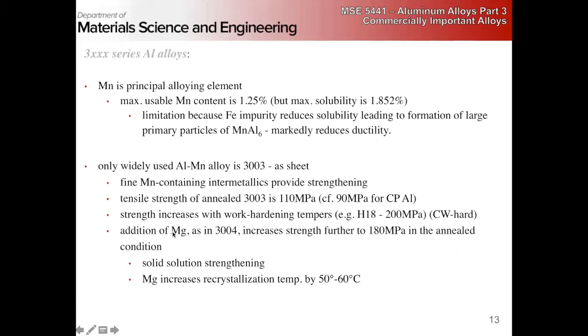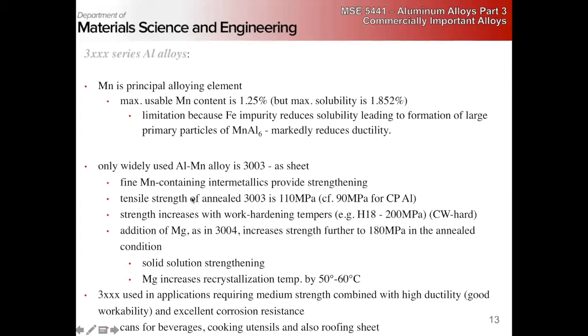If we add a little magnesium to give us, say, 3004, we increase the strength in the annealed condition, and it increases the recrystallization temperature a little bit. Right, so 3000 series alloys are used in applications requiring medium strength with high ductility.